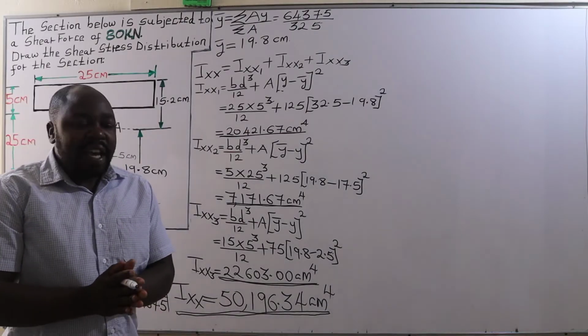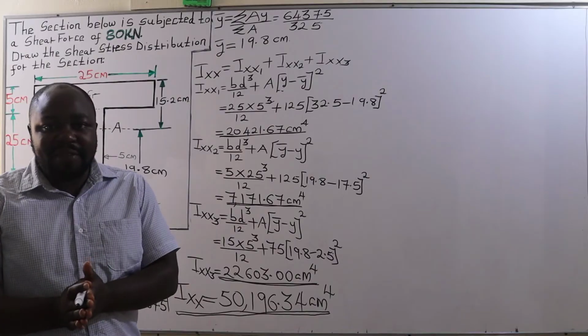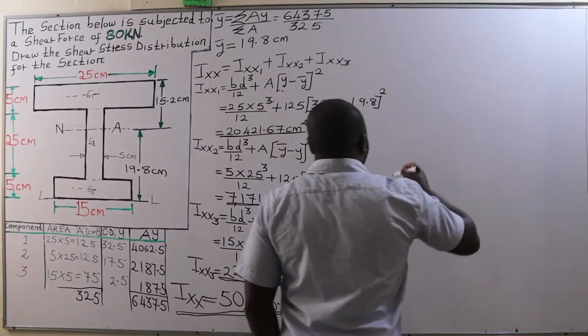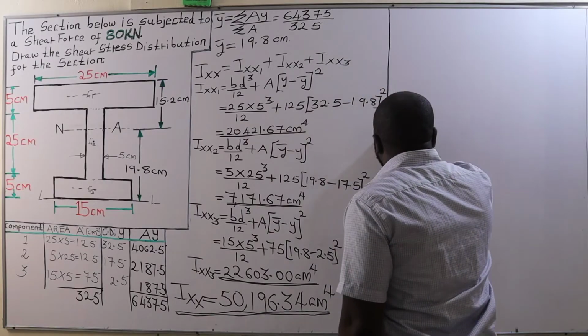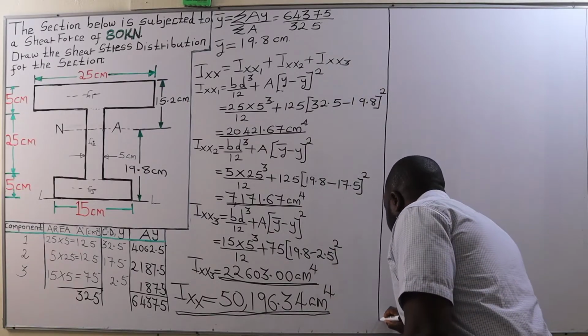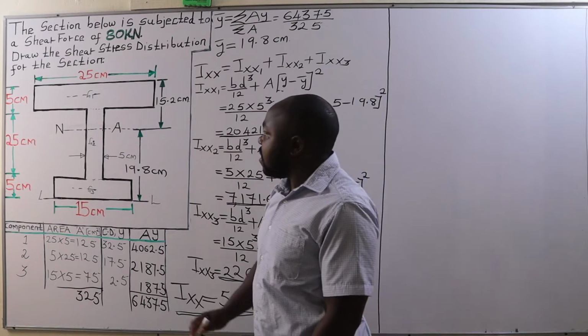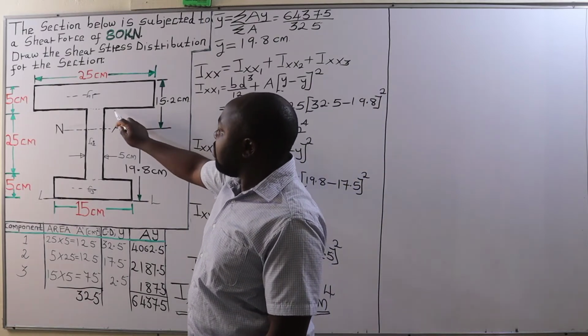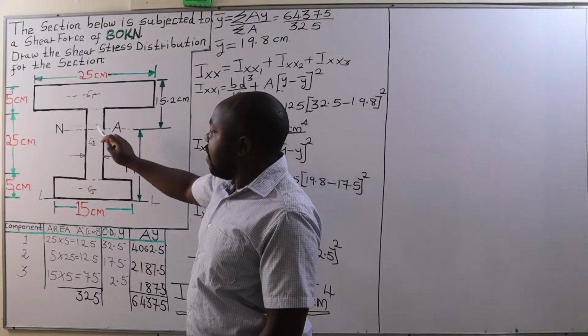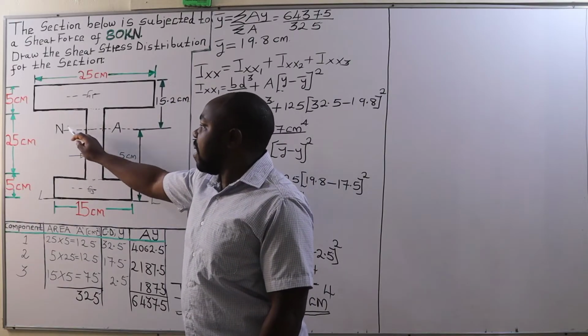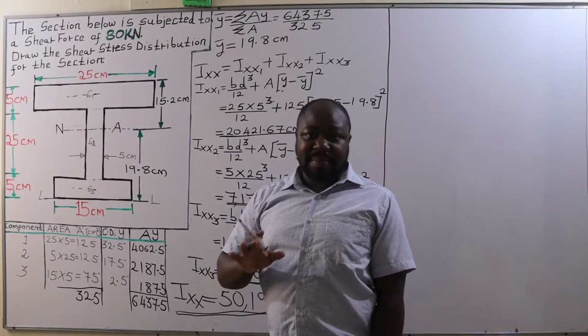Now, after getting the moment of inertia, the next thing will be determination of the shear stresses, that is, at the junction between the top flange and the web, the shear stress at the neutral axis, which in this case is maximum.